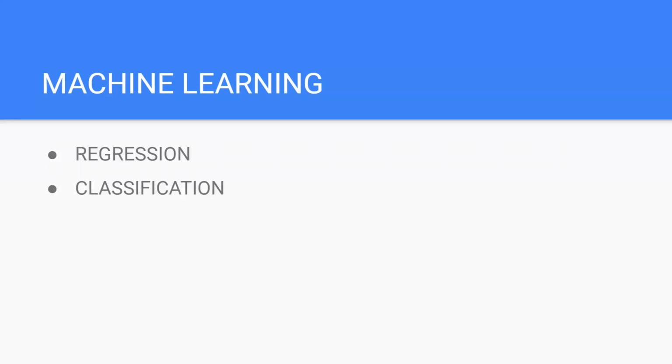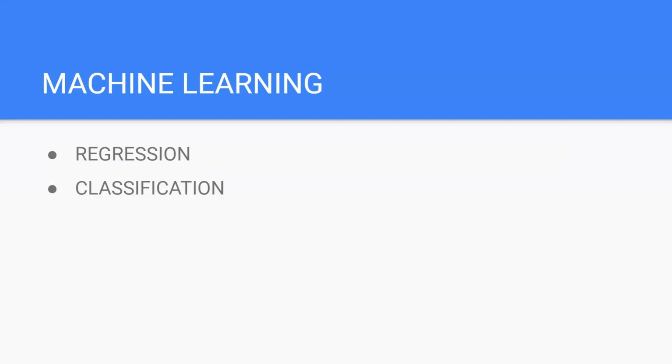So we have learned what machine learning is, right? Machine learning is nothing but building models that learn from data. So in machine learning, we have two types of problems. One is regression and another is classification.